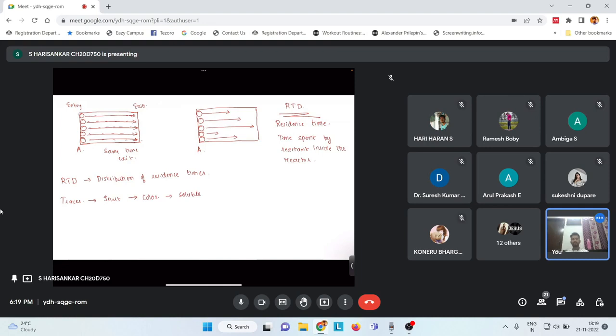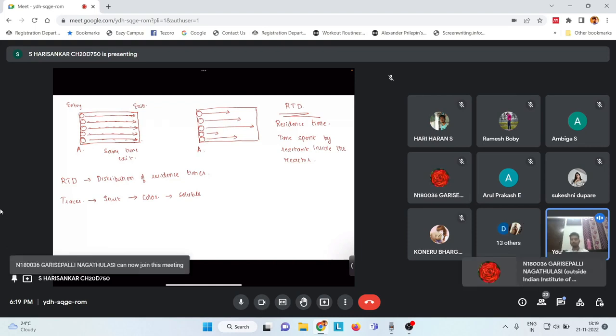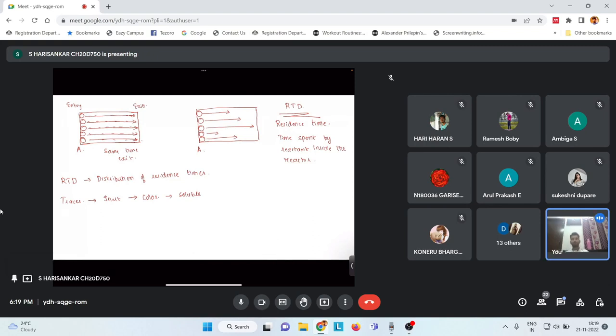If you have done a CRE lab in your course, you must have done experiments where you inject some color into your reactor, which is just water running through, and you calculate the time and find the residence time distribution. That is what we call a tracer.